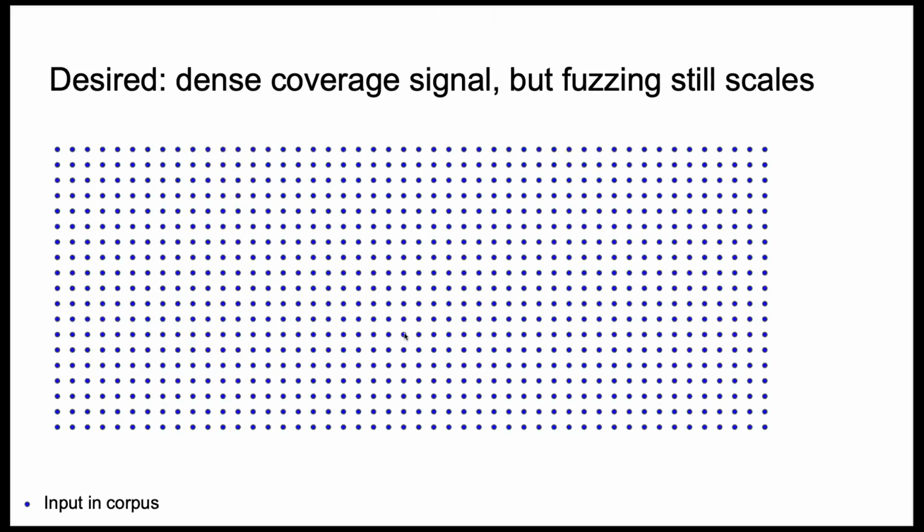So what we want is some kind of very dense or rich coverage signal that will allow you to have many corpus elements that are as diverse as possible, but then you still want your fuzzing to fit into your CPU, RAM, disk, and whatever else is your resource constraint.